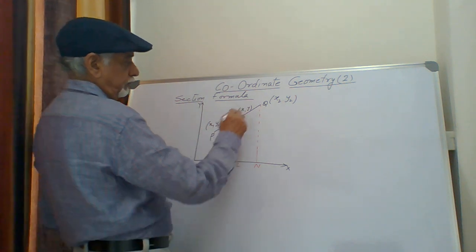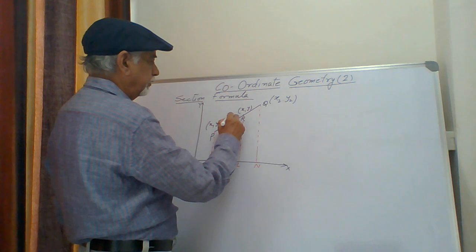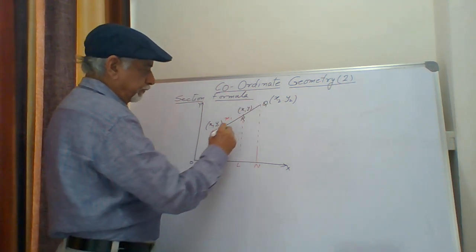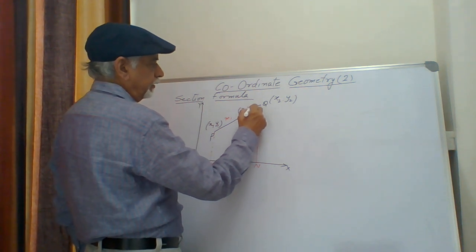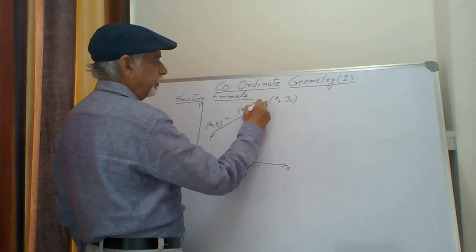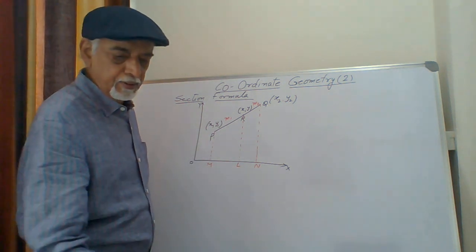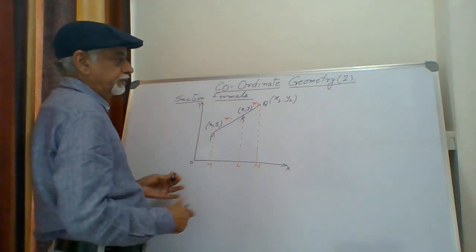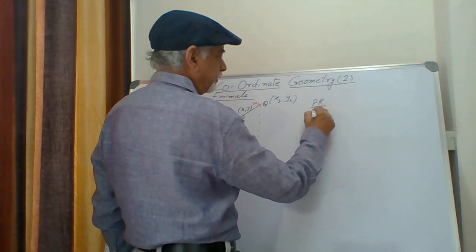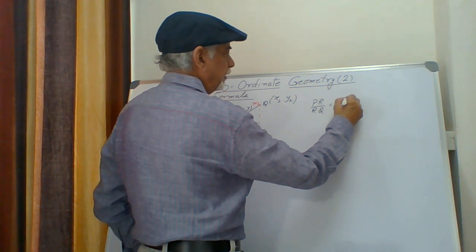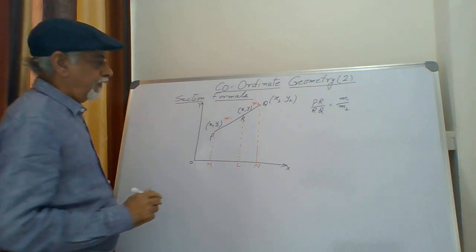Now it is also given that the ratio of the line segment which is being divided by point R is in terms of M1 and M2. From P to R is M1 and R to Q is M2. So I write the ratio like PR is to RQ is given as M1 by M2, right.